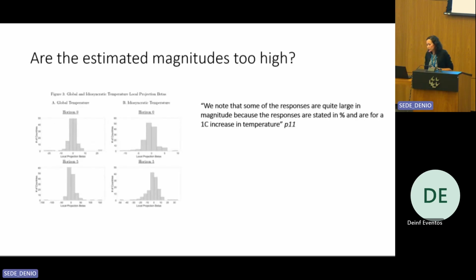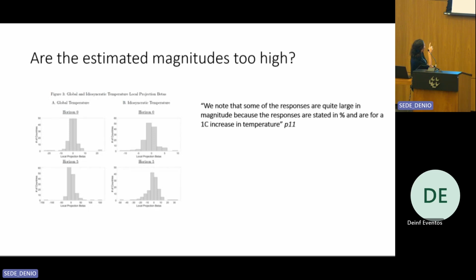And then other minor comments, no? So in this figure in the paper, the estimated magnitudes appear to be a bit high, but I don't know if it's a typo or if they are not expressed in a way I know how to interpret. We know that some of the responses are quite large in magnitude because the responses are stated in percentages and are for a 1 centigrade increase in temperature.